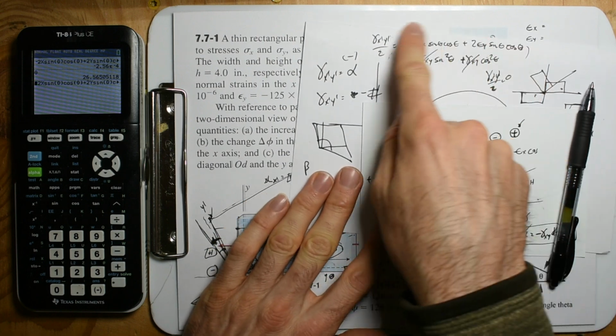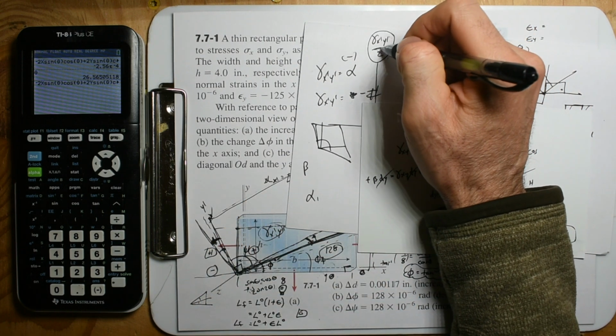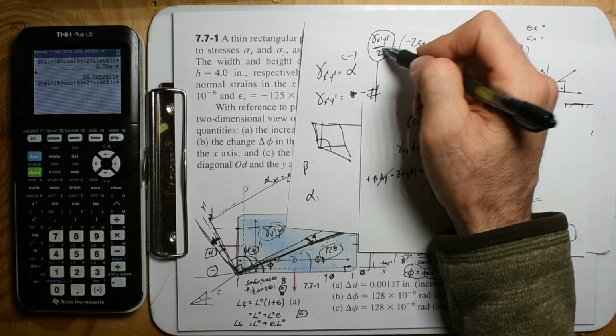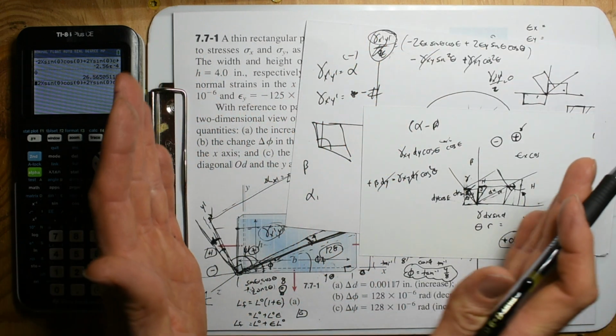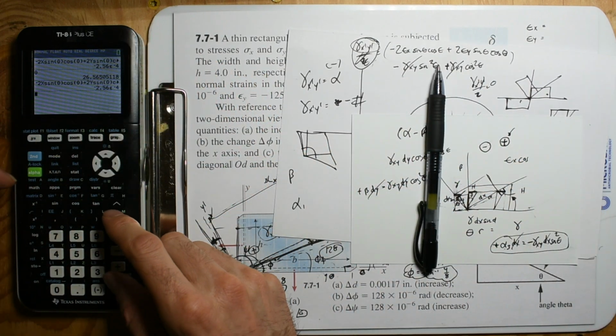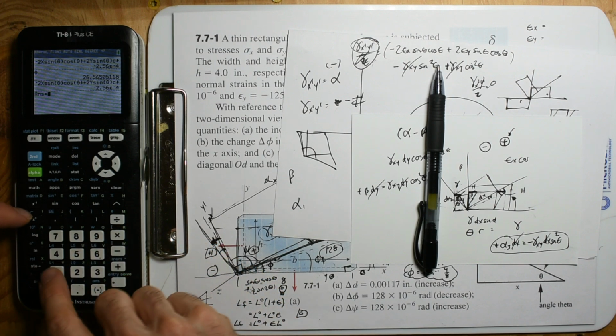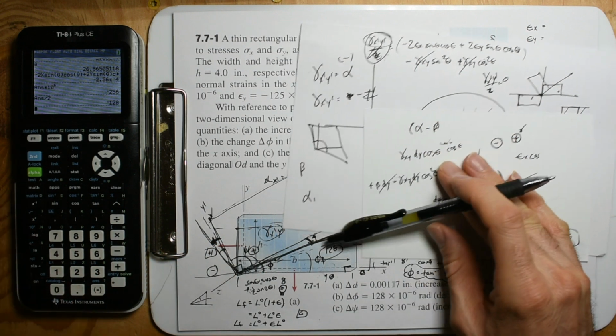So yeah, I think the tricky thing is this divide by 2. That'll destroy you, because right here I don't have the divide by 2. What I'm doing is finding the total shear for everything. That's why we get this value of 2.56 times 10 to the 6, and then half it, and we get that 128.